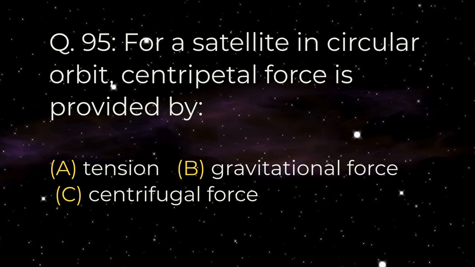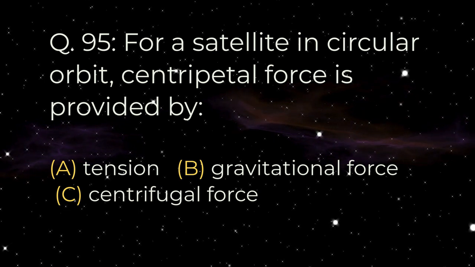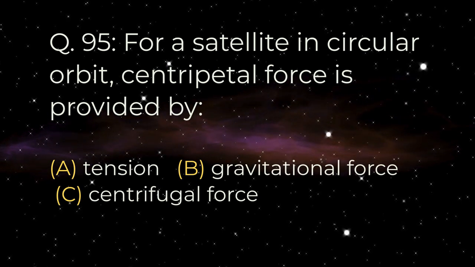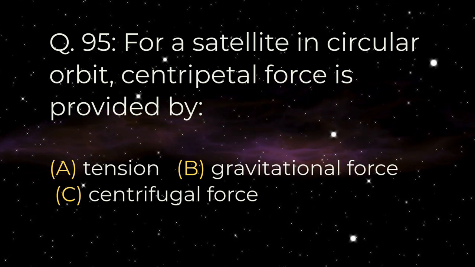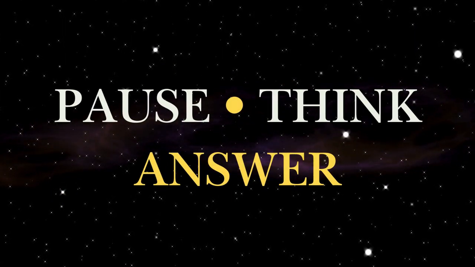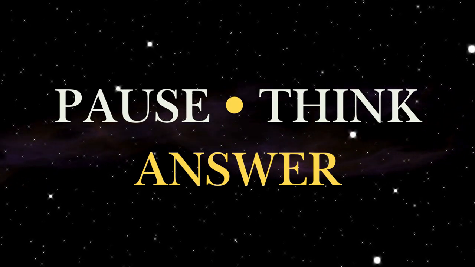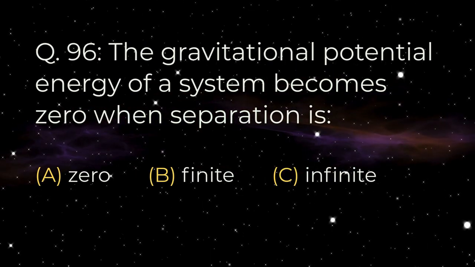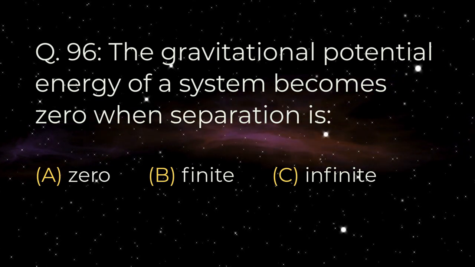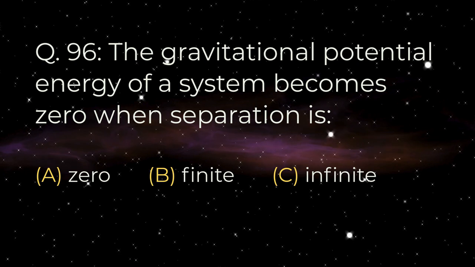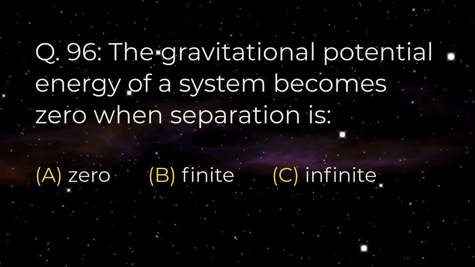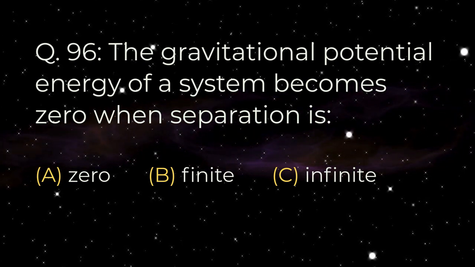For a satellite in circular orbit, the centripetal force is provided by: option A, tension; option B, gravitational force; option C, centrifugal force. Question 96. The gravitational potential energy of a system becomes zero when the separation between masses is: option A, 0; option B, finite; option C, infinite.